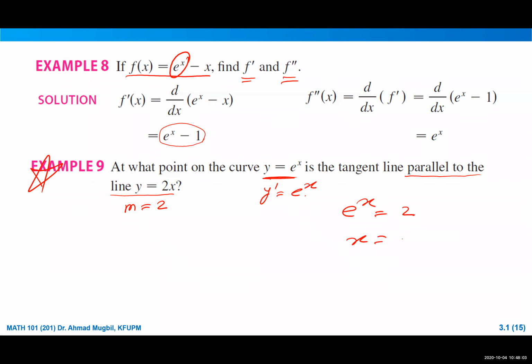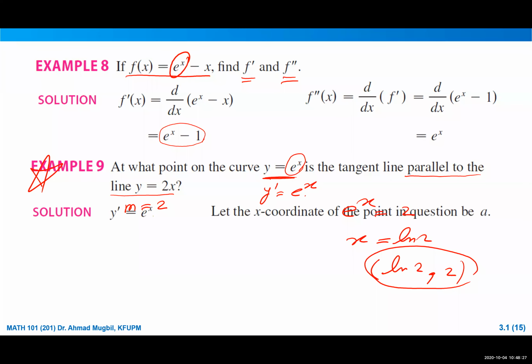So x should be what? ln 2. Take ln of both sides. So what is the point? It is ln 2 and what? Here x equals ln 2, and y will be 2. So the point at which you will have a tangent line parallel to this line is (ln 2, 2). That's it.